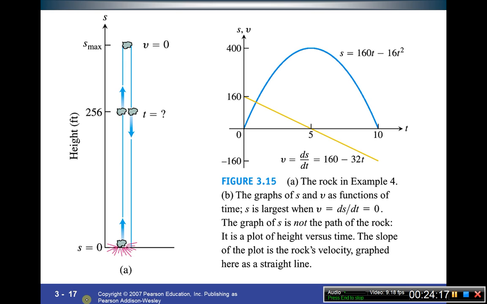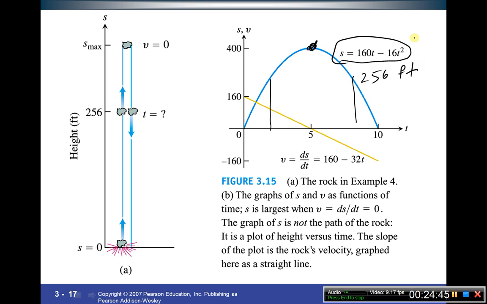So now we see here on this slide, first of all, the position versus time of the rock. We see it going up to a maximum position of 400 feet. And you remember at t equals 2 and then t equals 8, it was at 256 feet.